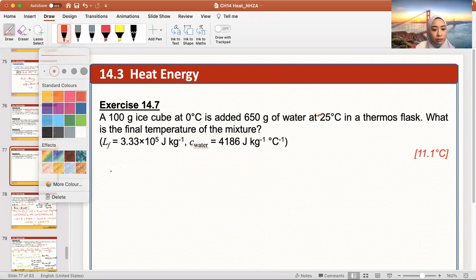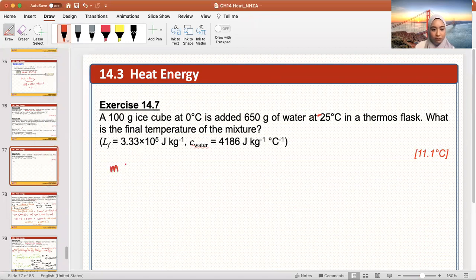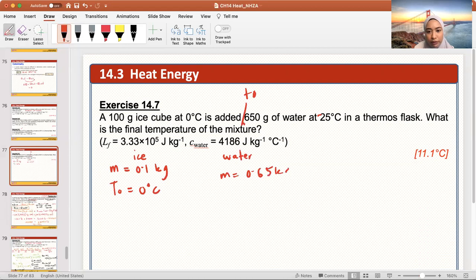A 100-gram ice cube. So our mass. So we have ice and we have water. Let's write that down. Ice m is 0.1 kilogram at 0 degrees, so T initial is 0 degrees Celsius. The 100-gram ice cube at 0 degrees Celsius is added to 650 gram of water, so mass is 0.65 kilogram.